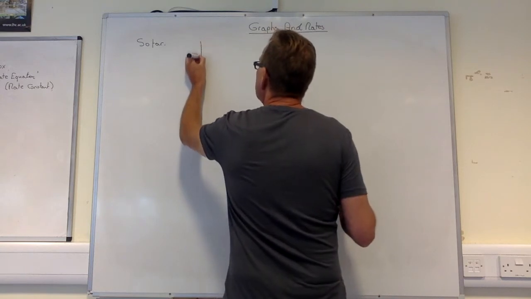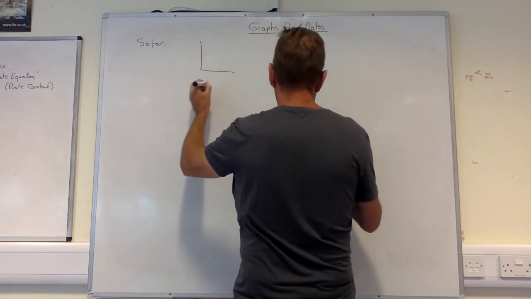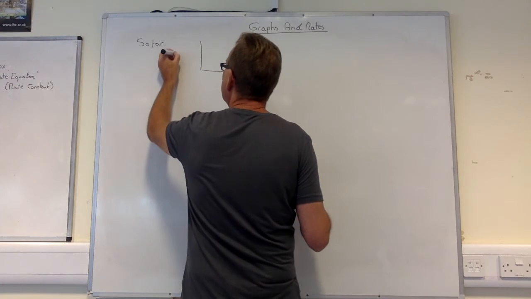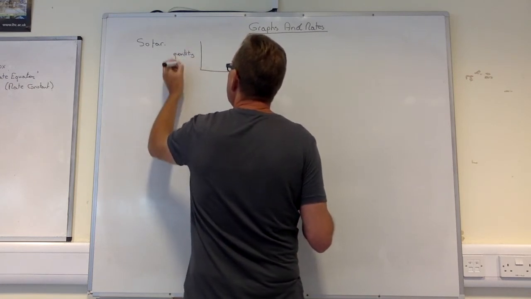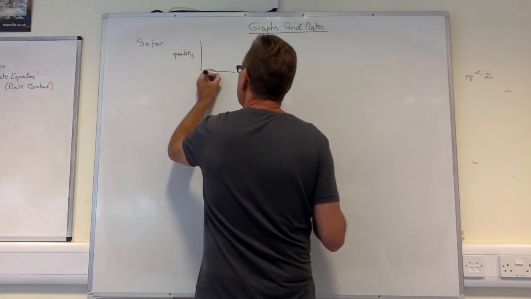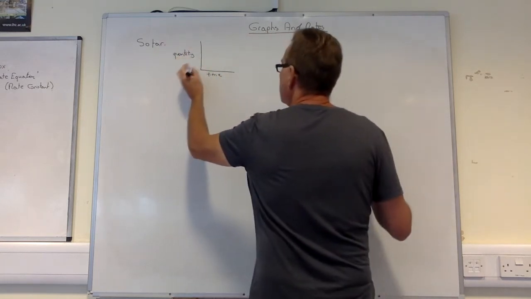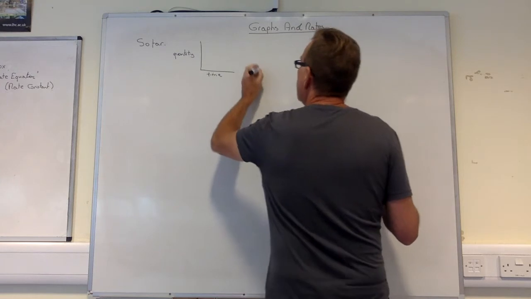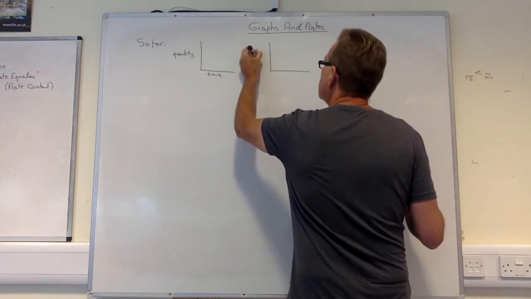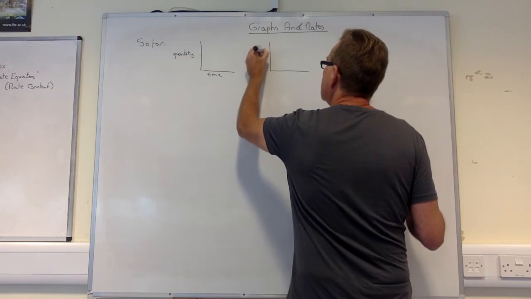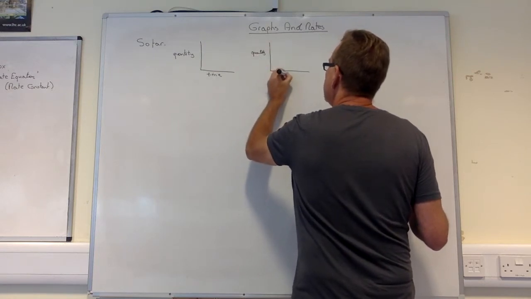Well, we've looked at monitoring the progress of a reaction by having a quantity that is observable, that is measurable. Colour maybe against time. Two possibilities: quantity against time.